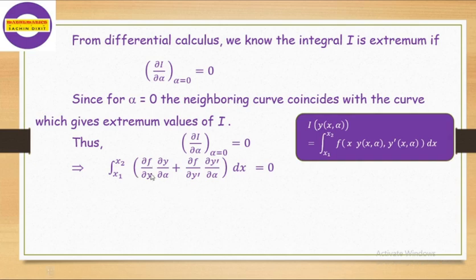Hence, for the derivative of y of x alpha, first we find partial f by partial y, then partial y by partial alpha, applying the chain rule.